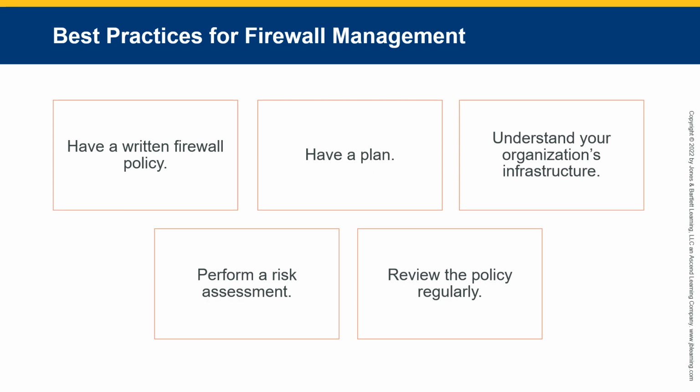You're going to list these out. Your firewall policy is going to have an outline of what can be allowed through the firewall, what should not be allowed through the firewall, and that kind of stuff.